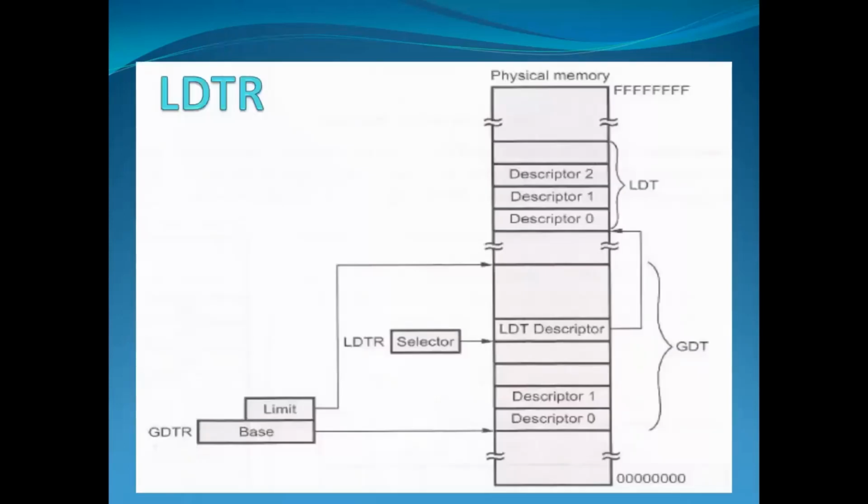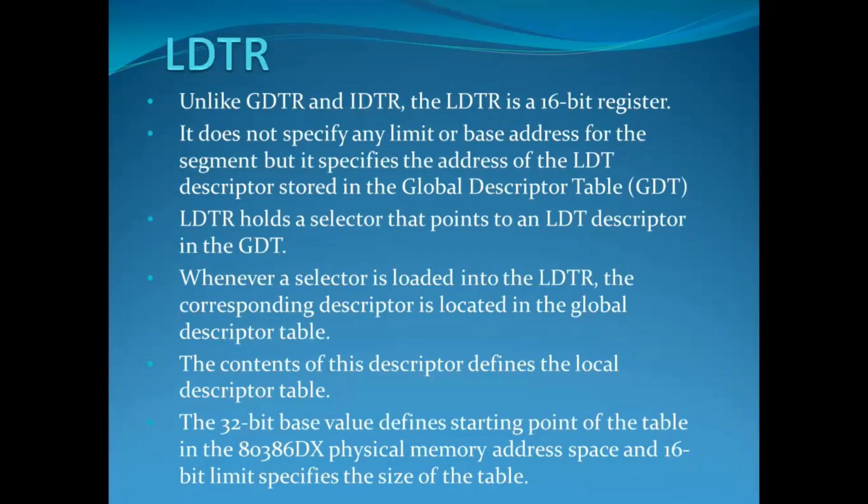The LDTR, as shown in the figure, has the limit and base. The LDTR selector is there, which points to the LDT descriptor, and descriptor tables are there, which are used to access the tables. Unlike the GDTR and IDTR, the LDTR is a 16-bit register.